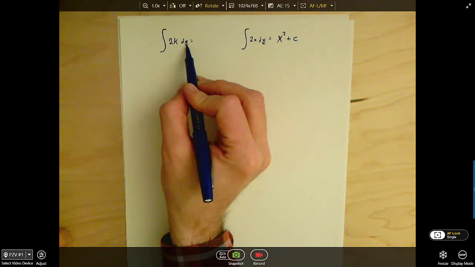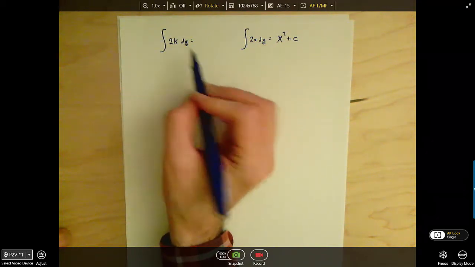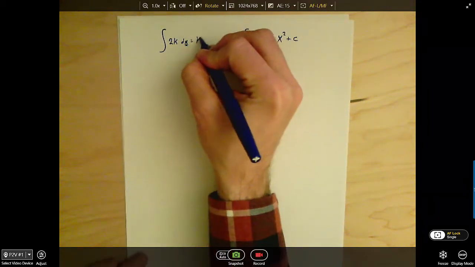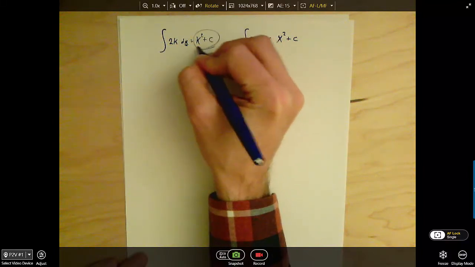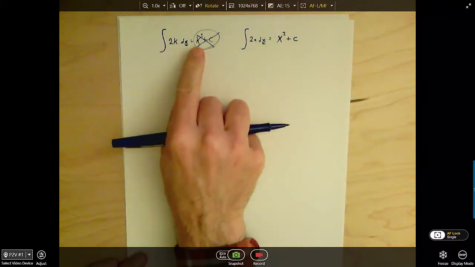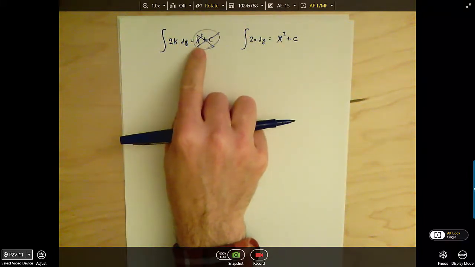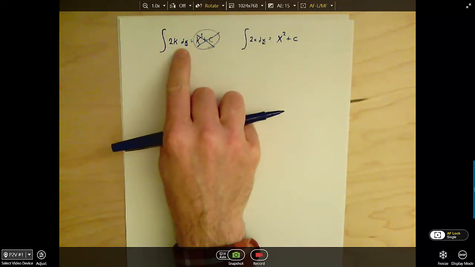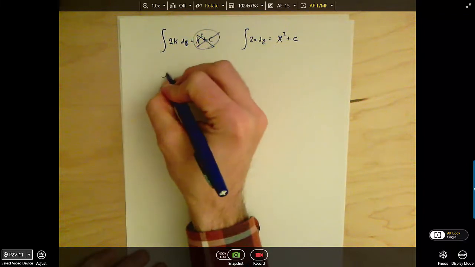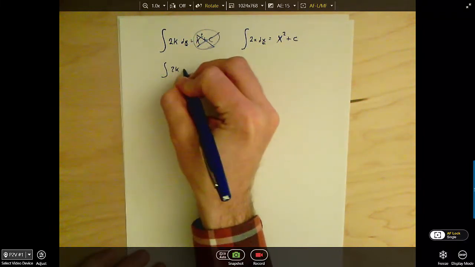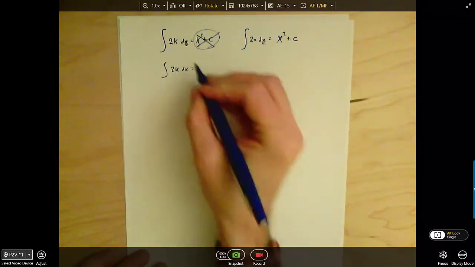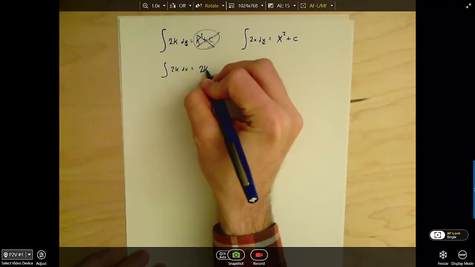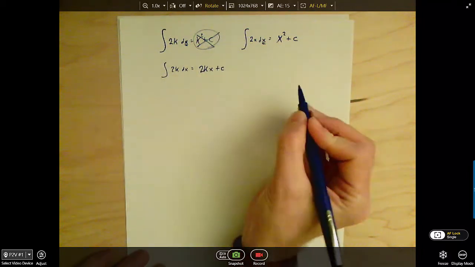Okay, so here, x is my variable of integration, but here it's 2k. So the answer here is not k squared plus c, because that would be treating k like it's my variable. Instead, k is just a constant, because I know x is my variable of integration. So instead, integral 2k dx should just be 2kx plus c.